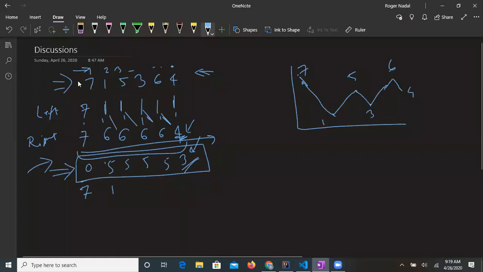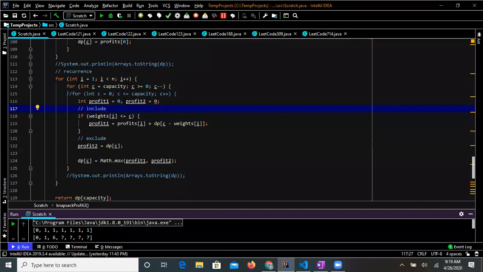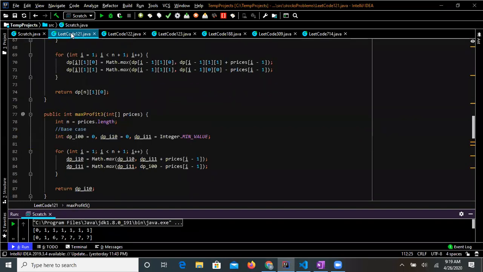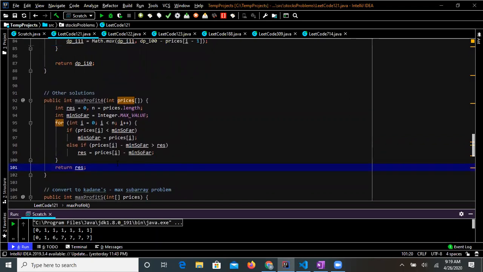So we have too many ways. What I will do, to save your time, is this: I don't know, is it Leetcode 121? Okay. This is the approach we are talking about. It also optimizes the space. Basically we are doing the same thing. We are finding the minimum, going from left to right. We are not creating the array as I was showing, but this is the optimization of that solution.